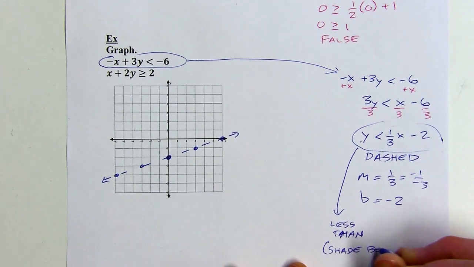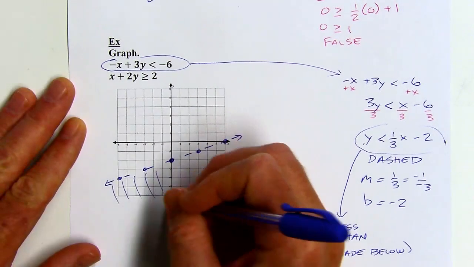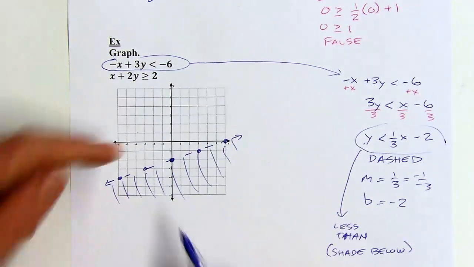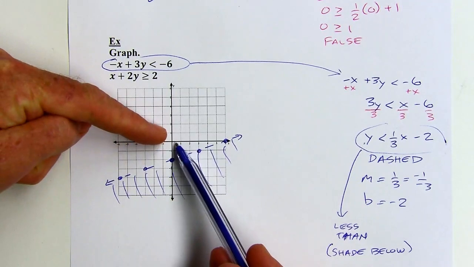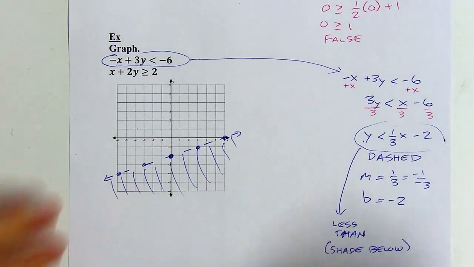I can just shade below the given line. So that means this is going to be the true side for this blue line. And you can test it out. If you test out 0, 0, it should be false. So that means you'd shade the true side. All right, just a little shortcut there.